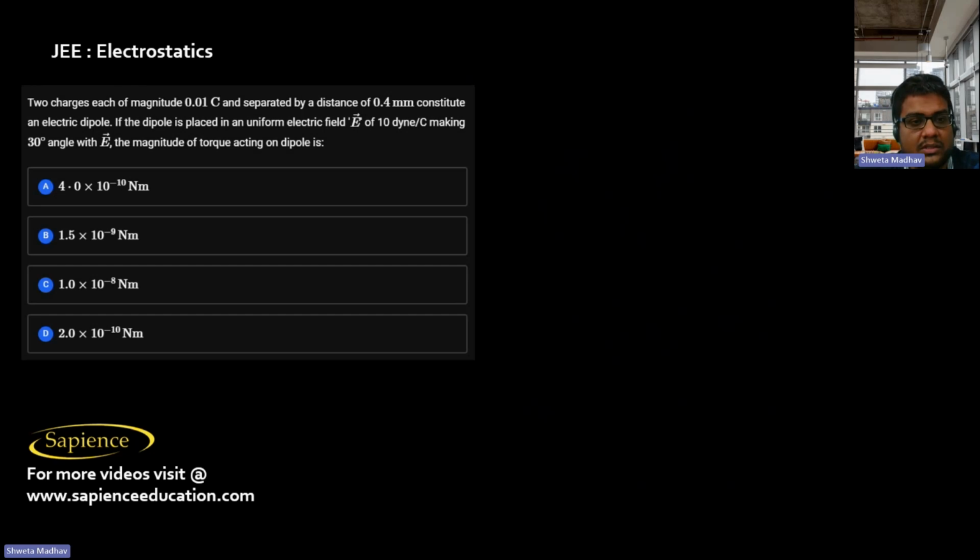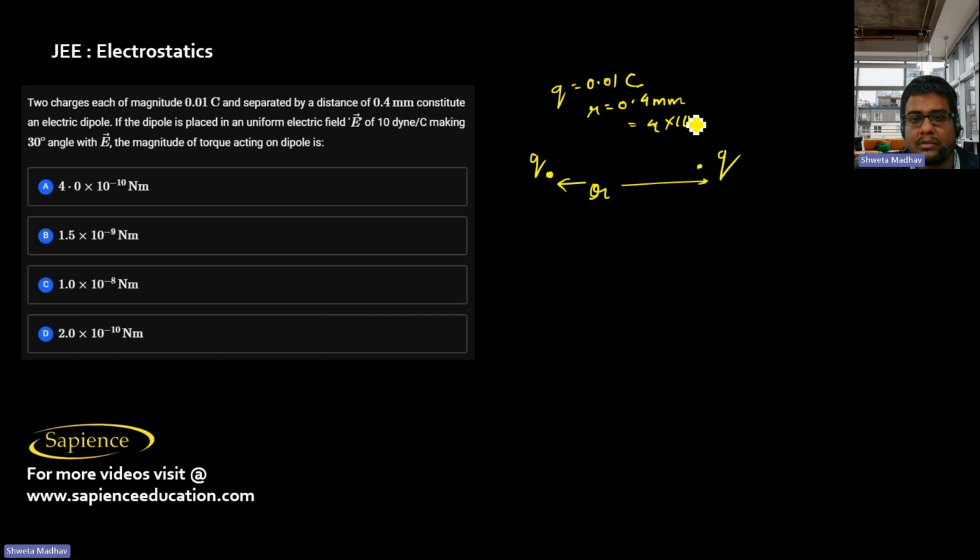Here it is told two charges each of magnitude q, where q is 0.01 coulomb, separated by a distance r, where r is 0.4 millimeter. 0.4 millimeter means it is 4 into 10 power minus 4 meter, constitute an electric dipole.